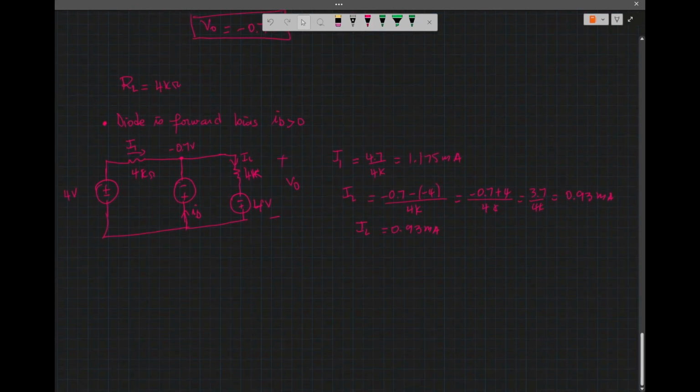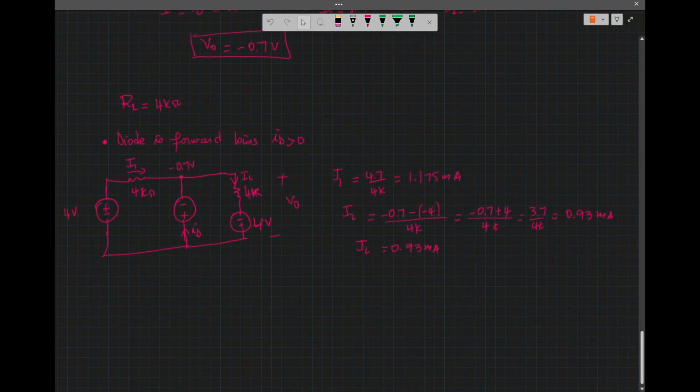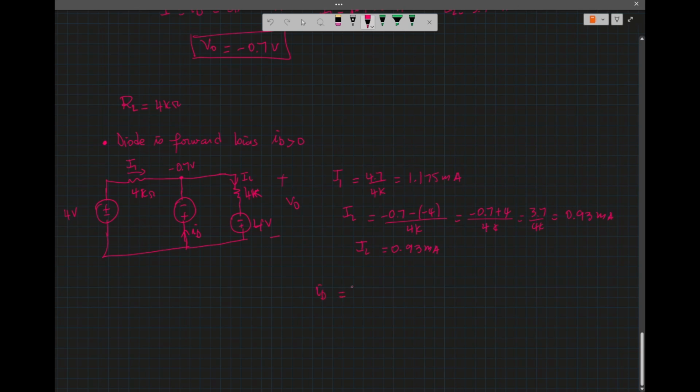So here you can see that ID, which is I load, using the same KVL, right? So this is ID here, and I1 and ID go entering the node, and IL is leaving the node, so IL minus I1.